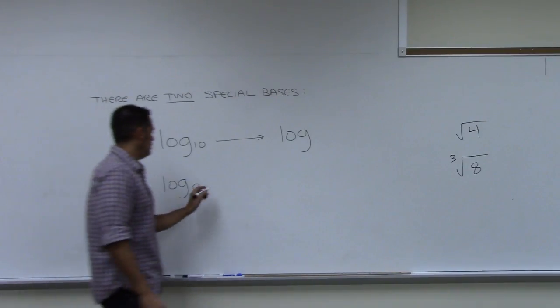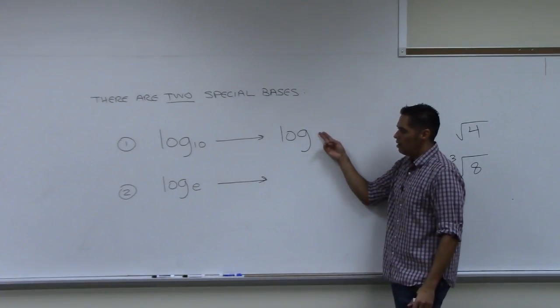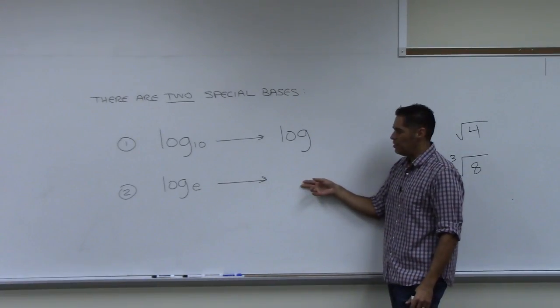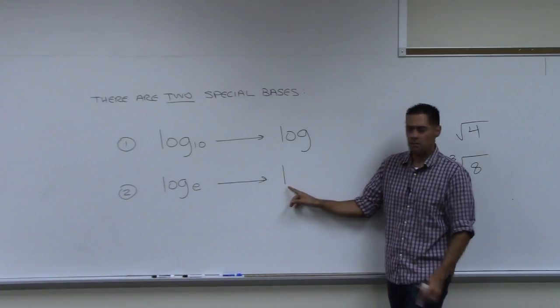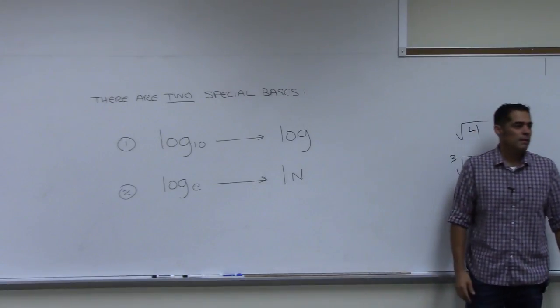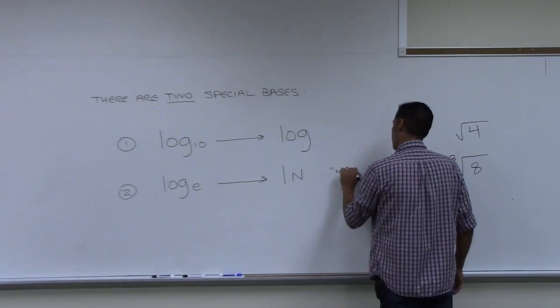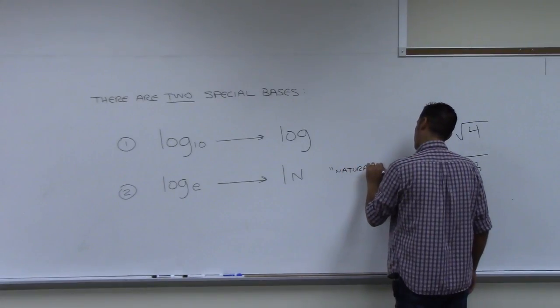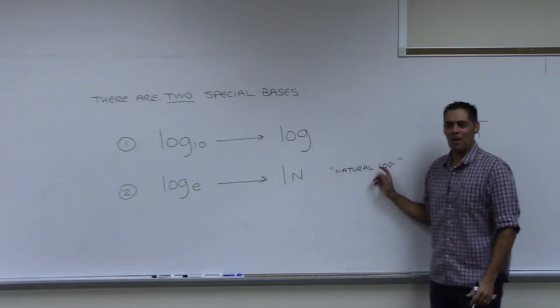Now, this one, we can't use log because we already used log, so we have a different notation for this one. It's L, that's an L, not an I, and then N, ln, which is what we call the natural log. So why don't they call it NL for natural log, right?